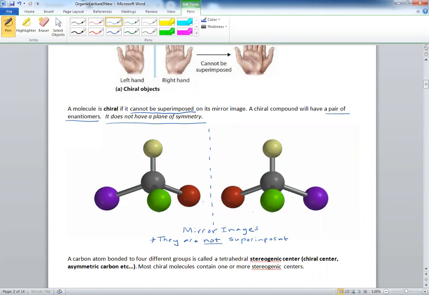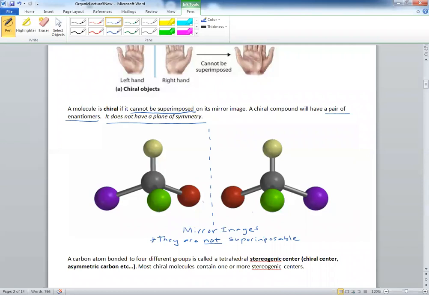What do I mean by that? Take one, rotate the other one, try to superimpose it. You will have now the green here facing the back. The blue and the one on the top here are going to align, but these two are going to be in opposite directions. So they are not superimposable.